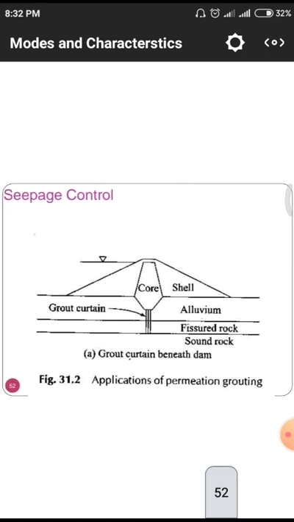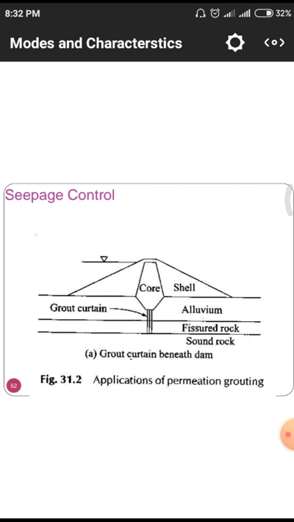First of all, we have to observe seepage control. Here there will be some earth dam, in which we have a core at the center. On one side we have this stagnant water, so grout curtain, all those things we have to observe: shell, core, grout curtain, alluvium, fissured rock, sound rock.